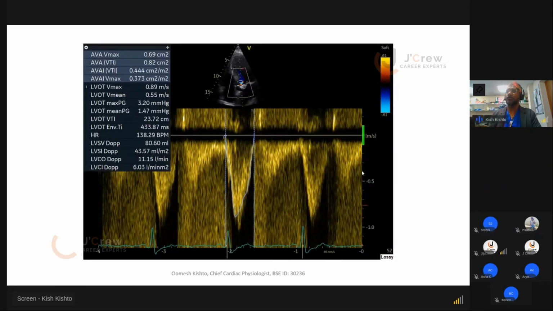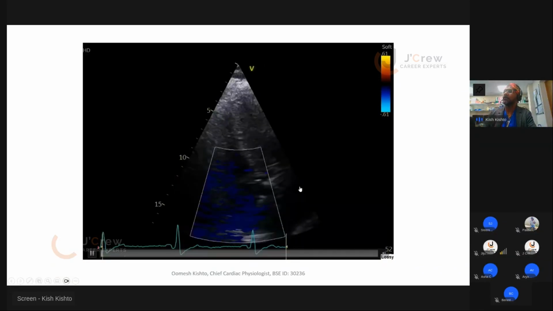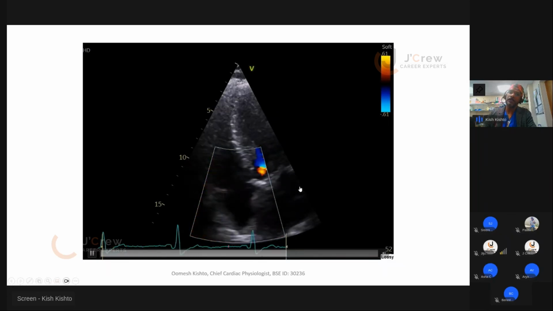Good. So here we go. And as usual, you do your LVOT measurement. And again here, like I said, if you already measure your LVOT diameter and your height and weight, then you will get your LV stroke volume index as well, which is there. Okay, guys. So we go assess our right heart now.